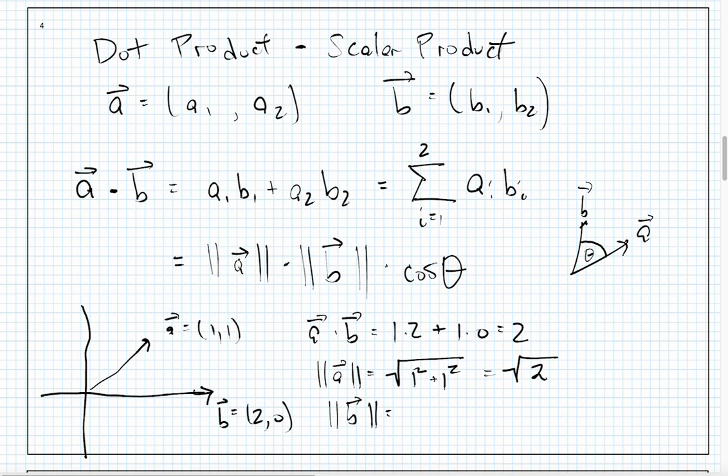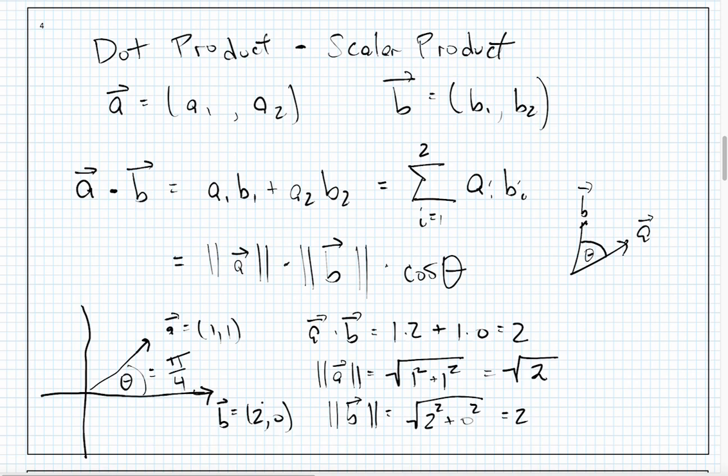That is just going to be 2 squared plus 0 squared, and I take the square root of that, and that's equal to 2. And I think you all realize that if this is 1, 1, and this is along the x-axis, then theta here is 45 degrees, and 45 degrees is pi over 4. And now I need to know what is the cosine of pi over 4.